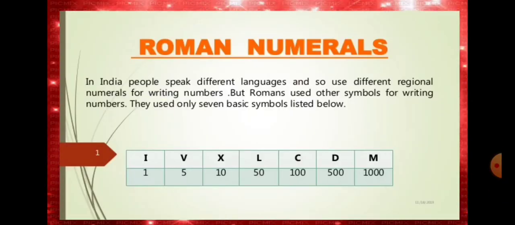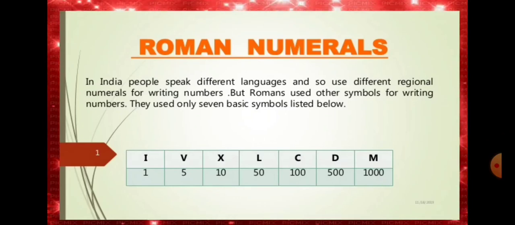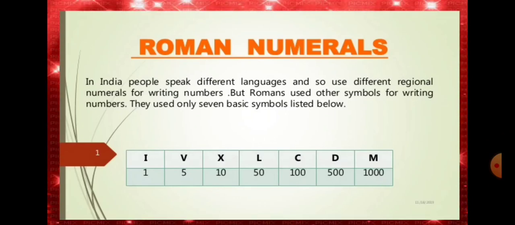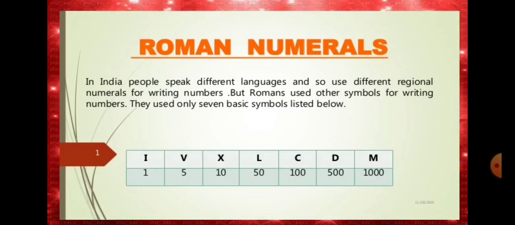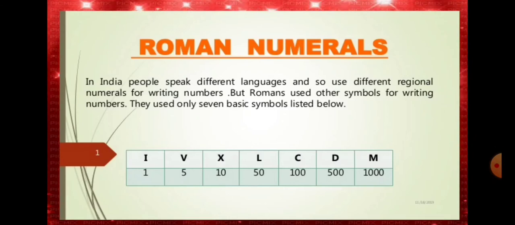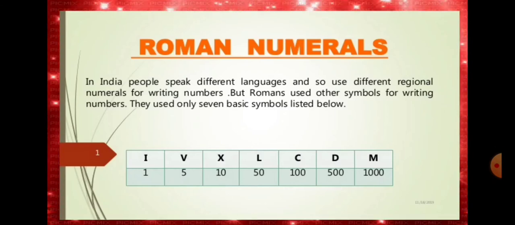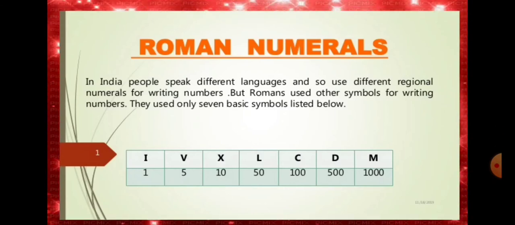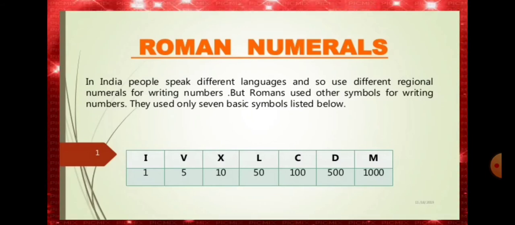Roman numerals. In India, people speak different languages and so use different numerals for writing numbers, but the Romans used other symbols for writing numbers. They used only 7 basic symbols listed below.